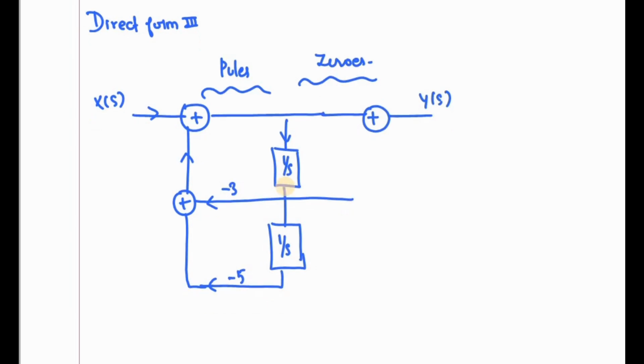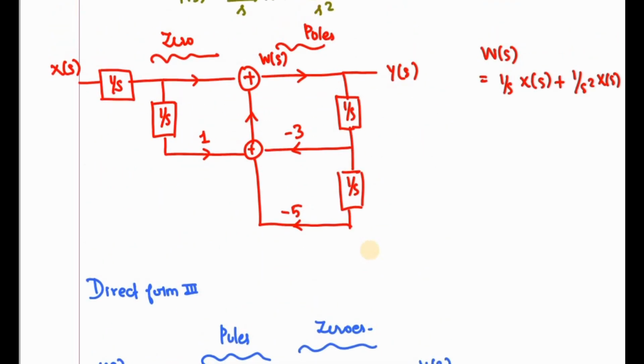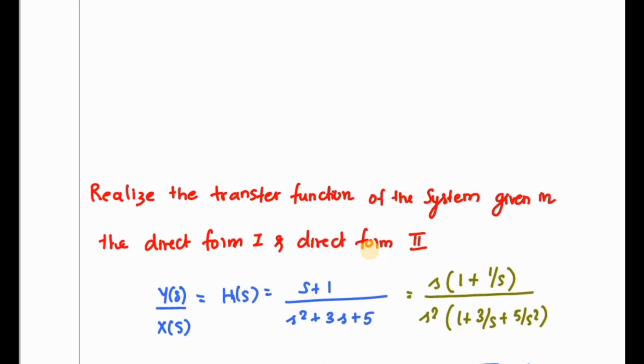So how to write this one? So here there is no issue with poles because, how to write this one? If you see this, this is my equation, right?